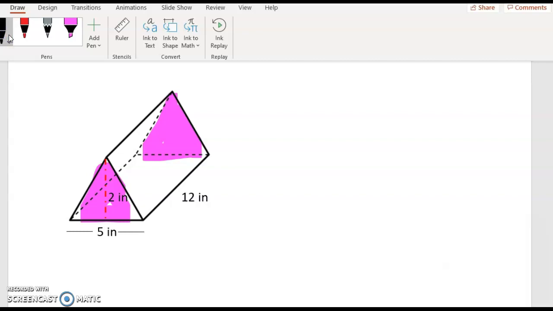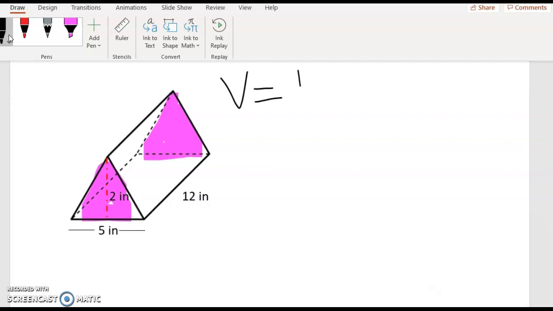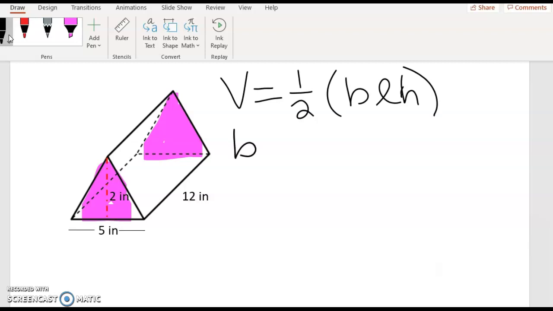So the first thing I like to do is write down my formula. So volume of a triangular prism is going to equal 1/2 of the base times length times height. Now I'm going to fill in all the variables that I can figure out. I need to know what base equals, what length equals, and what the height is.